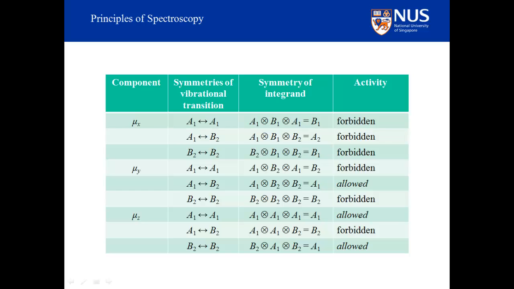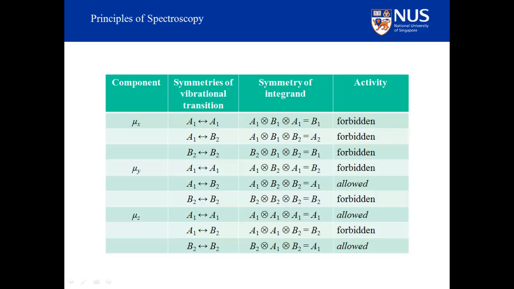The second column indicates all the possible symmetries of the initial and final vibrational states, either A1 or B2. The third column indicates the symmetries of the elements in the integrand, that is, the symmetry of the final wave function times the symmetry of the dipole moment component times the symmetry of the initial wave function.